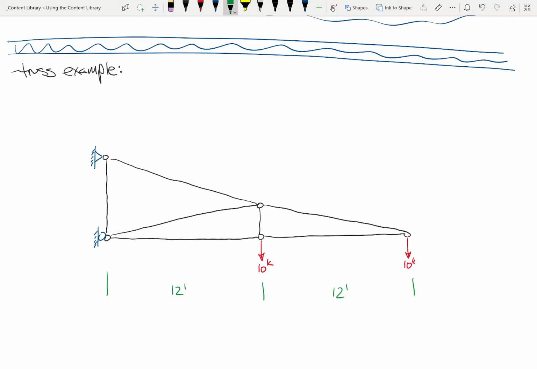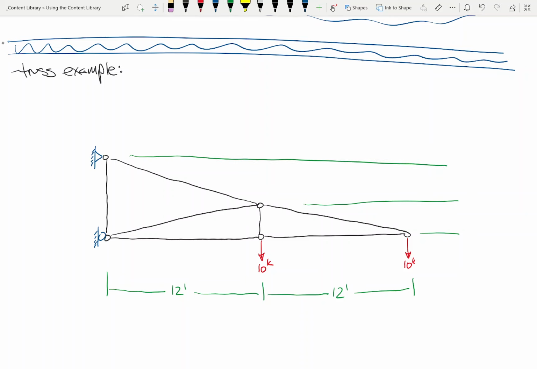In terms of dimensions, this is 12 feet. And these dimensions are 5 feet.